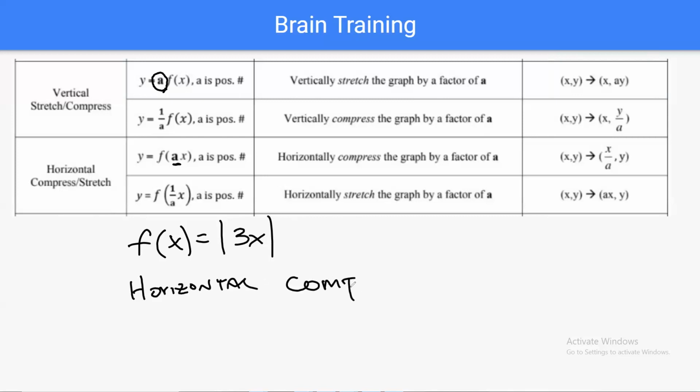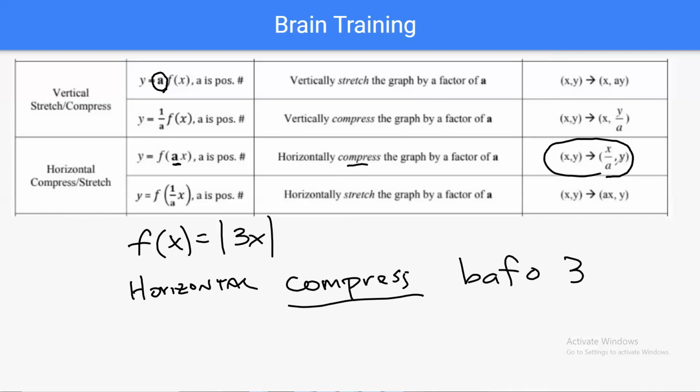Compress, this is the opposite part. Okay. Whole number, you think it's going to be a stretch, but it's on the inside, so you think opposite. So it's a compress by a factor of 3. So what we do with a compression is we're going to divide x by a.